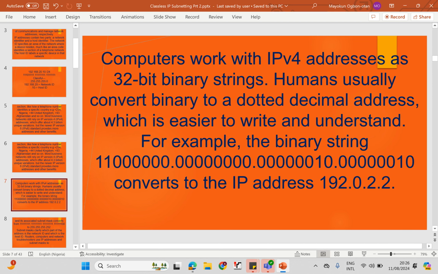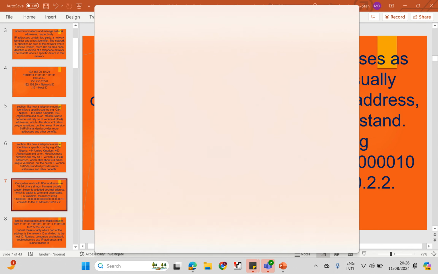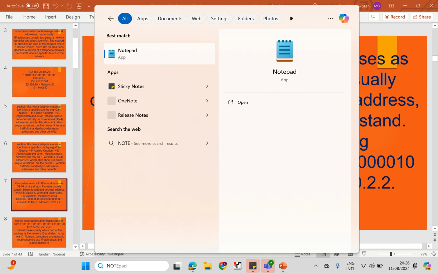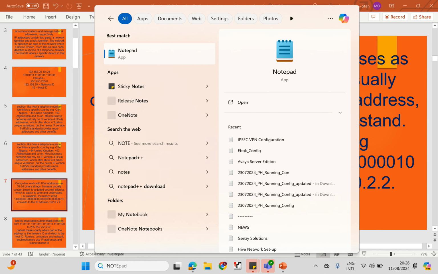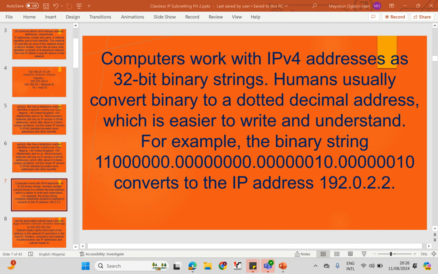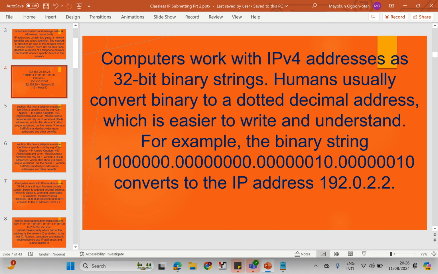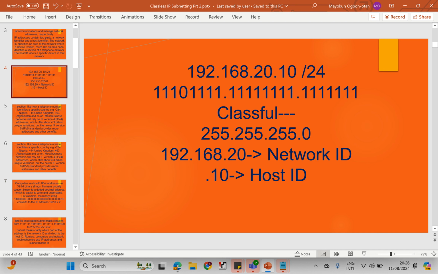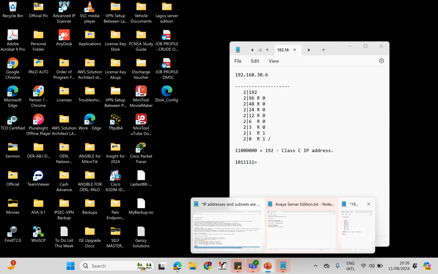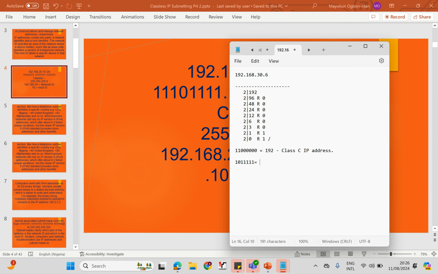Humans usually convert binary to a dotted decimal address. That's why we are saying 192.168.20.10. And I've explained how we convert, for instance, 192.168.20.10 to binary. I showed us that the last time.